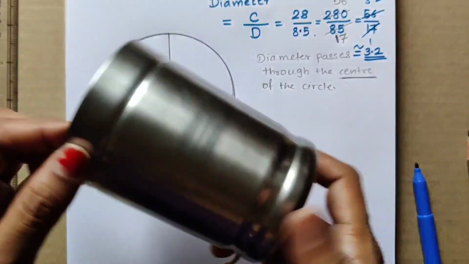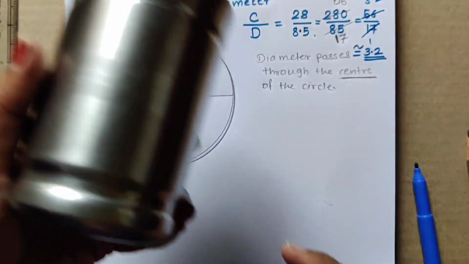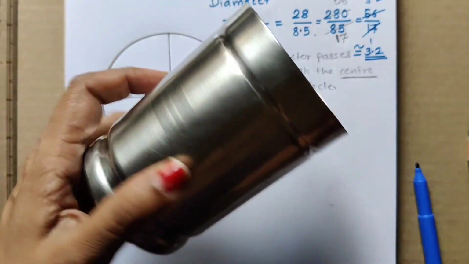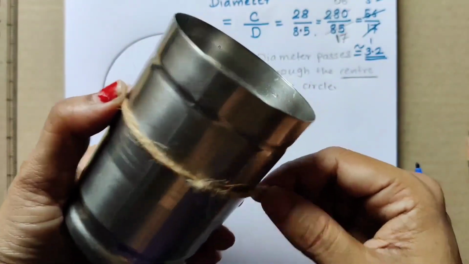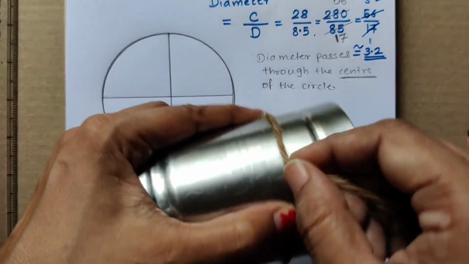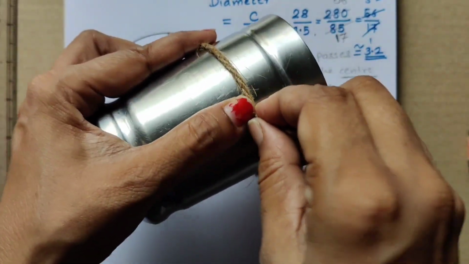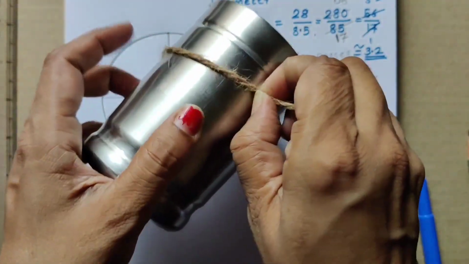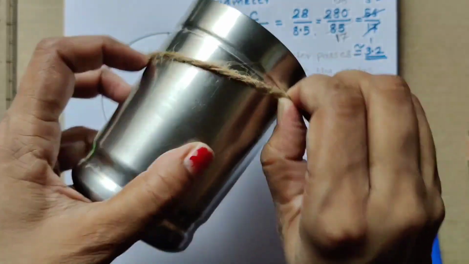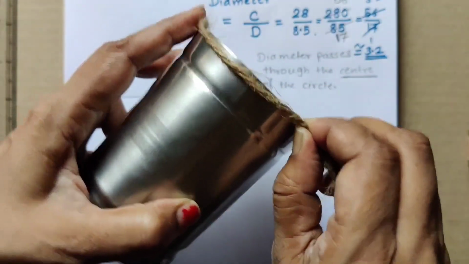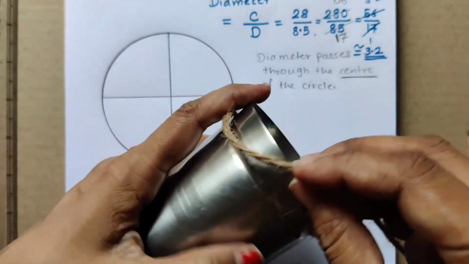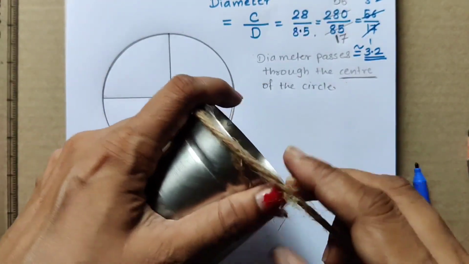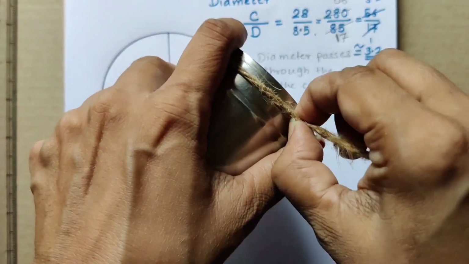So see children, here I am having this cylindrical steel glass, okay, and as it is cylindrical we can find out its circumference by placing the thread around it, by taking one turn of thread like this, and we can measure the circumference like this. We can place one round of the thread, and just remove the thread.